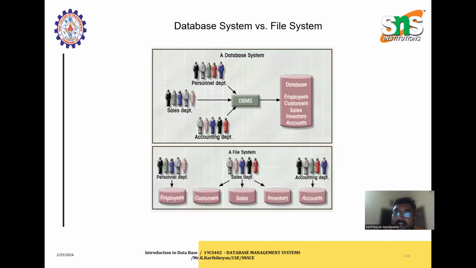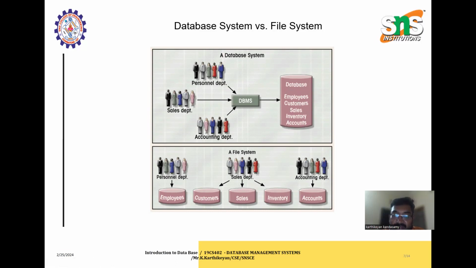This is a database server. Each and every database is maintained in a common database based on the database system. But in the file system, each department has one maintenance employee who does not connect with the main database server.